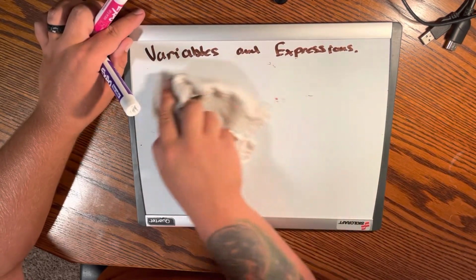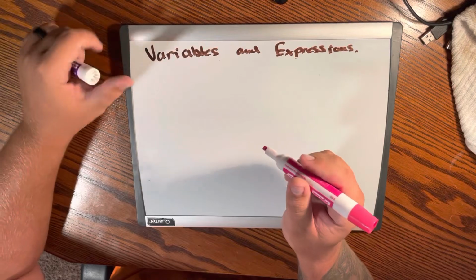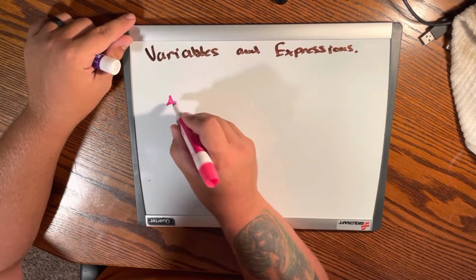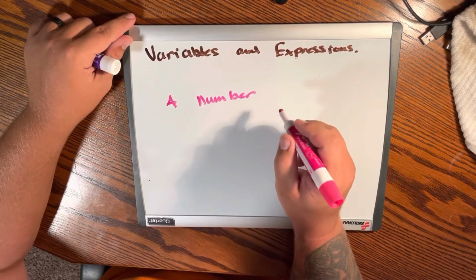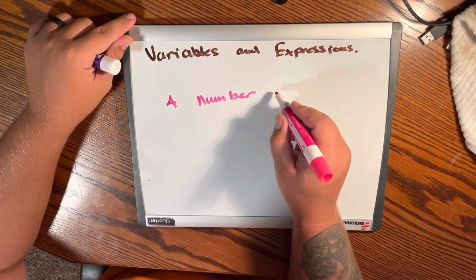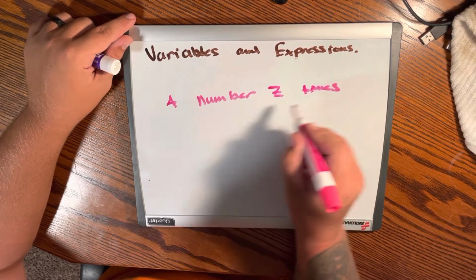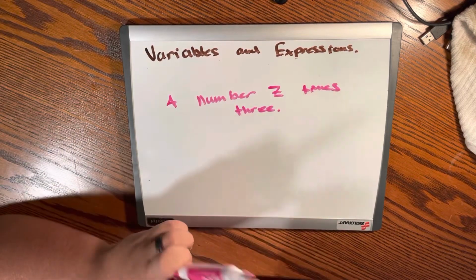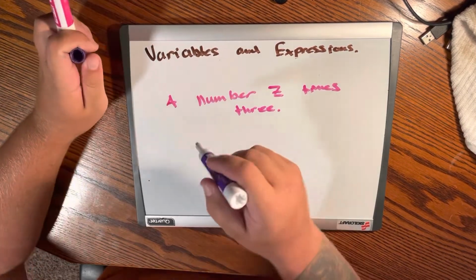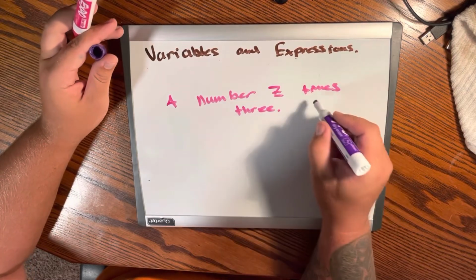Okay, we've got 3 more of these examples just to give you an understanding of the words and phrases to use. So a number z times 3. Alright, so if we're going to write the variable expression for this one, this is a number z times 3, okay?